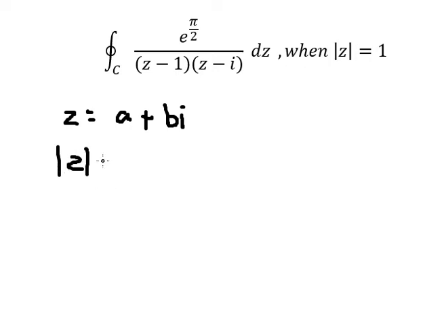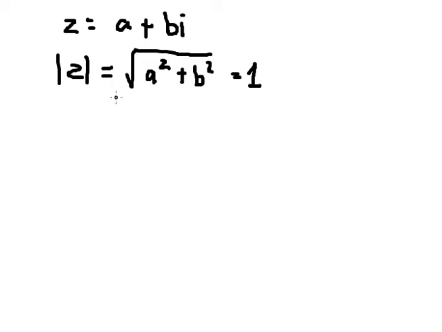That means they will be like this, and this one equals number 1. Now we put the power 2 on both sides. So we have a square plus b square equals 1 square.